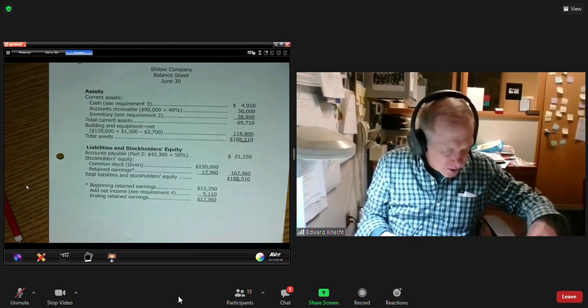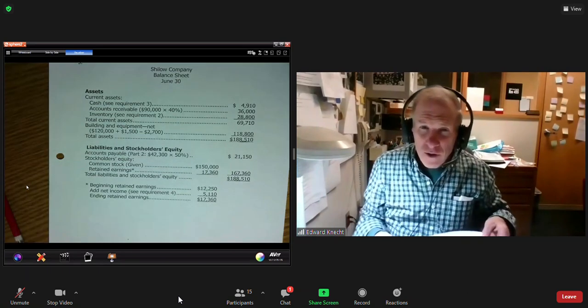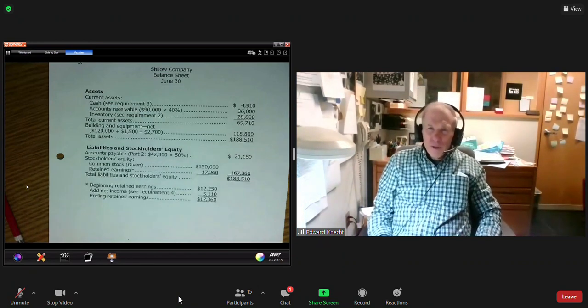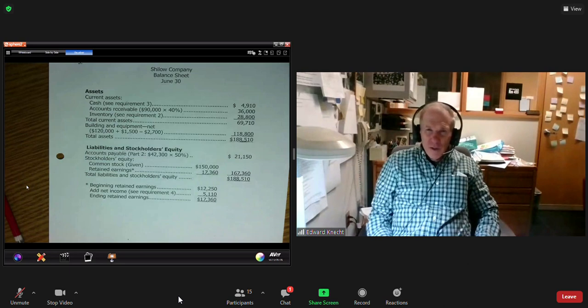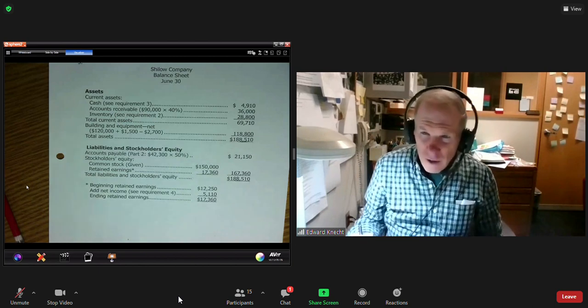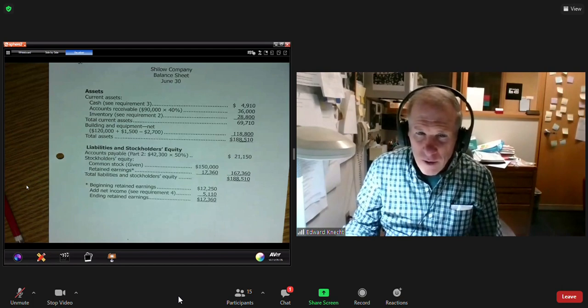The 40% collected the following month. So that would be your accounts receivable. Inventory requirements, yes, the ending inventory, 28,800 total current assets. Building and equipment net, you had to subtract out the additional depreciation for that 3-month time period, didn't you?